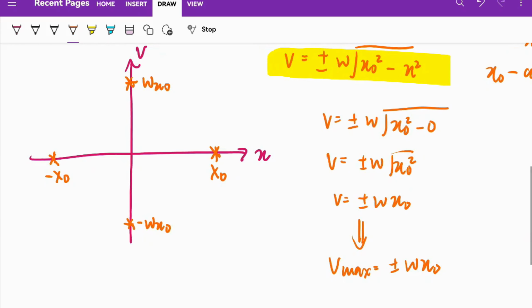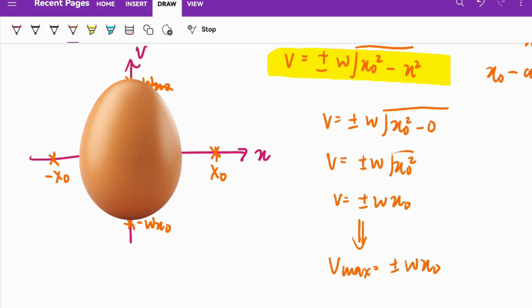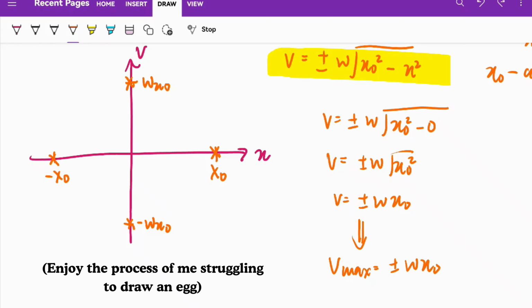Now I know you might be thinking, how am I supposed to draw this graph? You're going to get an egg. I'm very sure you're going to get an egg. So we'll just draw an egg. But make sure it touches the points. Okay, just give me a while.